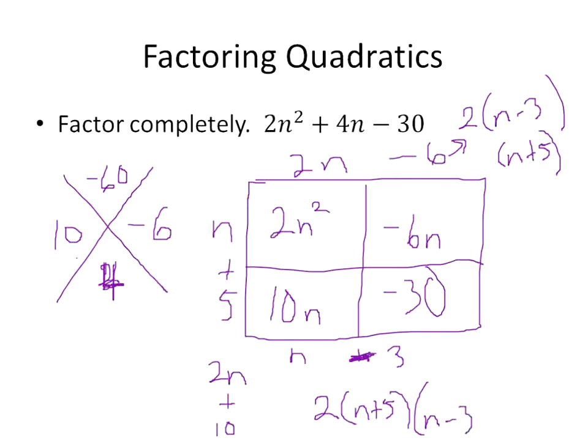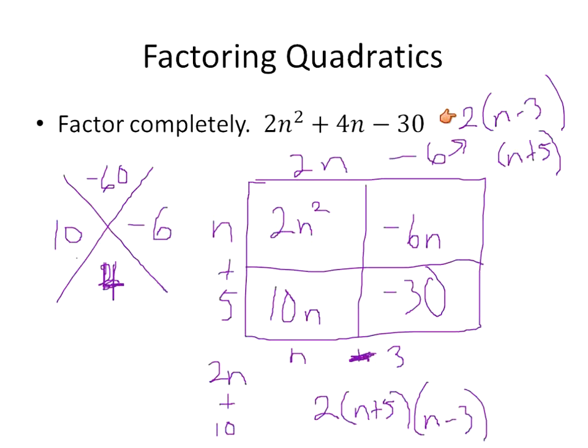Times n minus 3. Do they look the same now? Do they look basically the same now? Is this one the same as this one now, basically, for the answer, even though I reversed the n plus 5 and n minus 3? Yeah, they're the same now, aren't they?